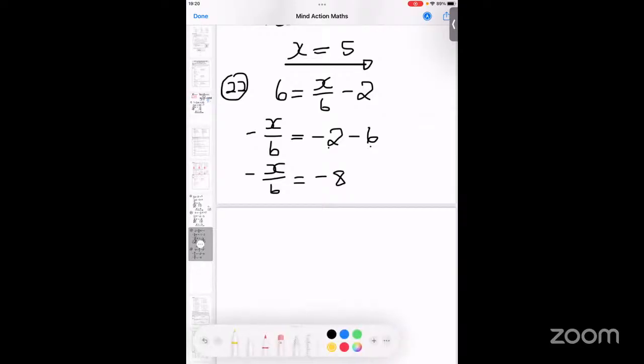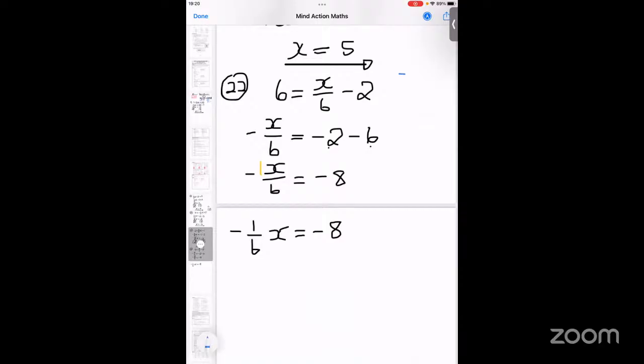You see, we've got an invisible 1 there, honorable members. So that means this can be written as negative 1 over 6 x, which equals negative 8. Just make sure that I don't lose you on that part, honorable members.